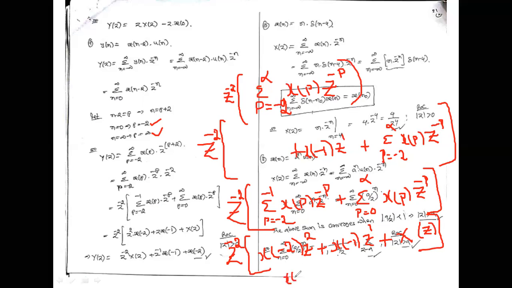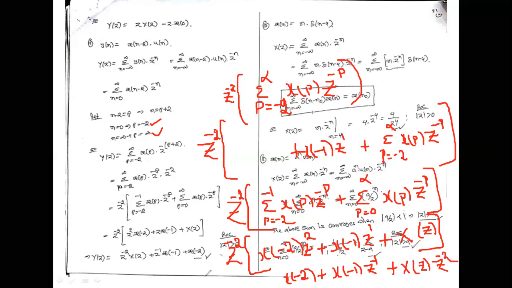It becomes x of minus 2, plus z power minus 2 times z power 1 is x of z power minus 1, because bases are the same, we can add the powers. Minus 2 plus 1 is minus 1. So x of minus 1 into z power minus 1, plus x of z into z power minus 2.